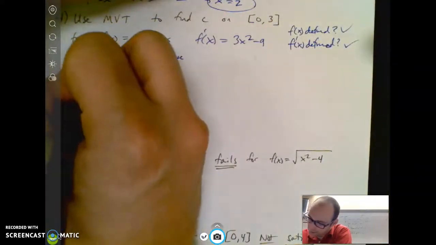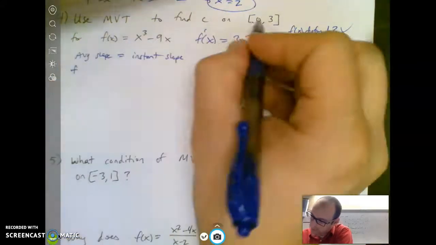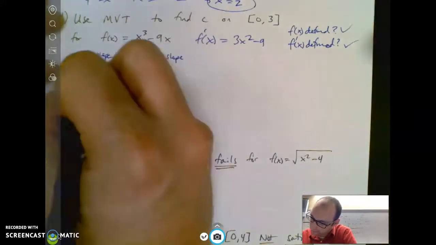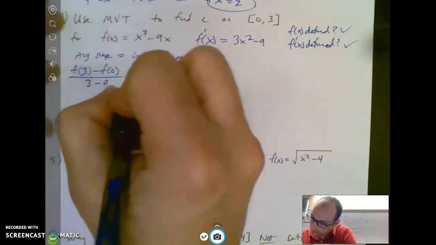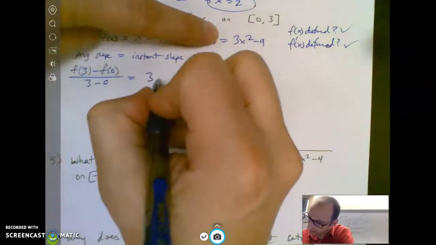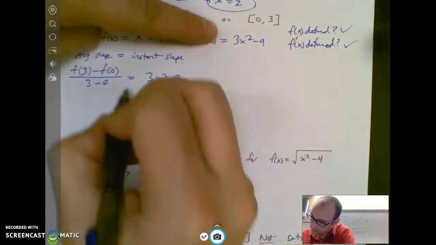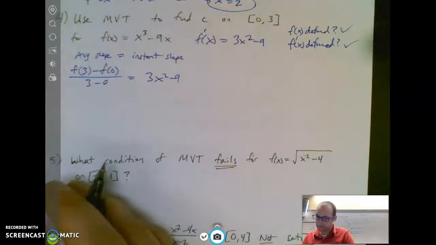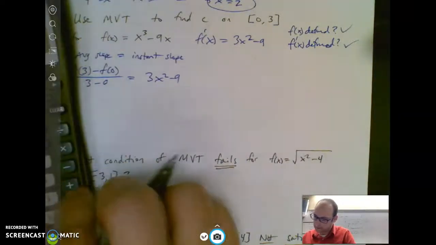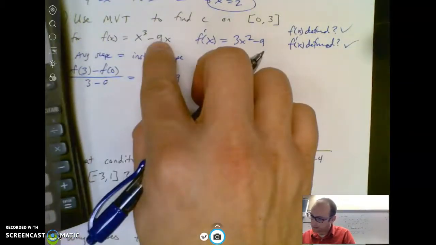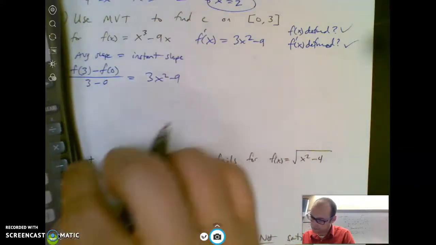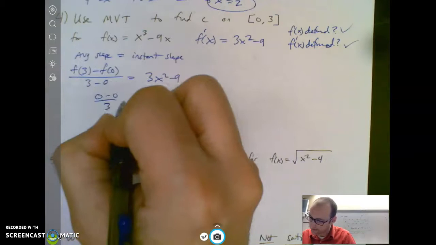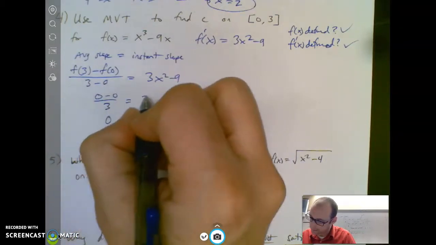Now my average slope is f of b, which is 3, minus f of a over b minus a. And I'm going to set that equal to my instant slope and solve it. So let's see, what's f of 3? If I put a 3 here, 3 cubed is 27, minus 9 times 3, that's 0, minus 0 over 3, which is 0.